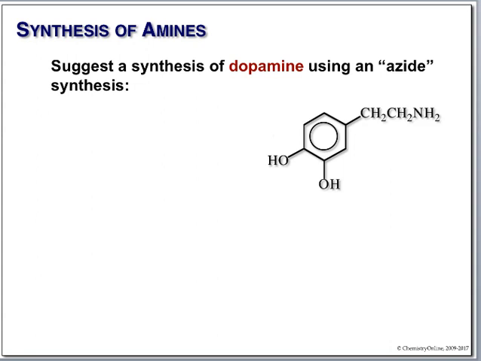Now the azide synthesis, all you have to remember is that originally the nitrogen was an azide group. So, quickly, draw the structure of the azide that we reduced with lithium aluminum hydride to make this stuff.